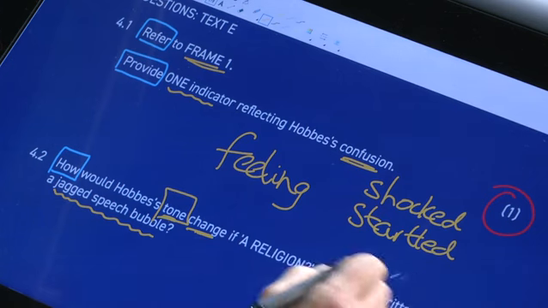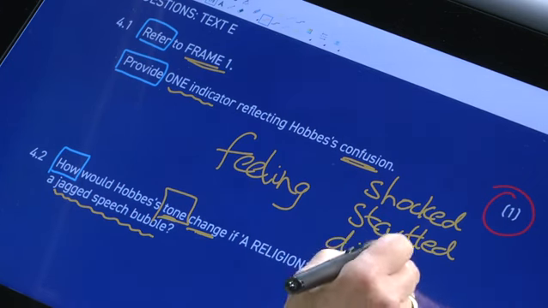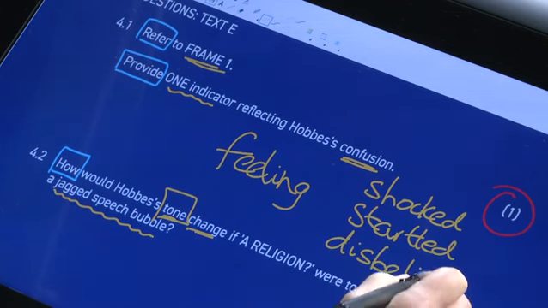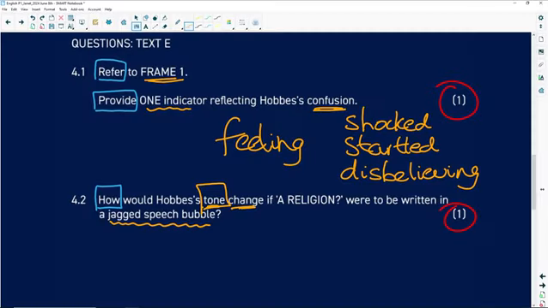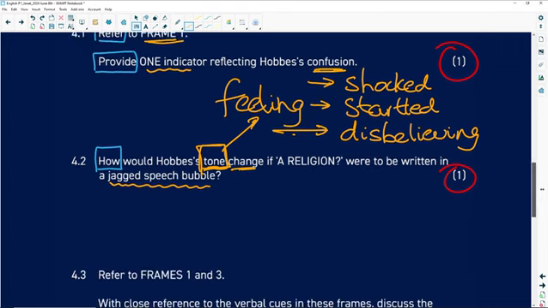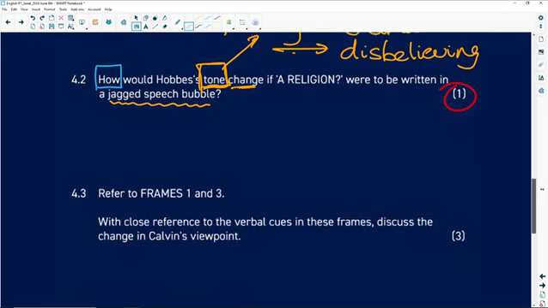A religion? He would be disbelieving. So as I've said before, tone is difficult because you've got to get that feeling as accurately as possible, which is a test of your vocab. So you simply say his tone would be this under those circumstances.